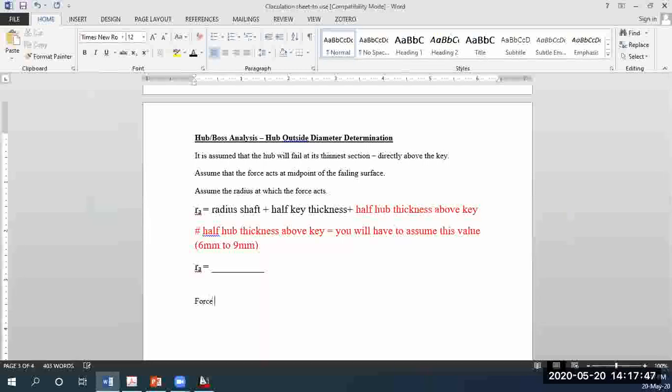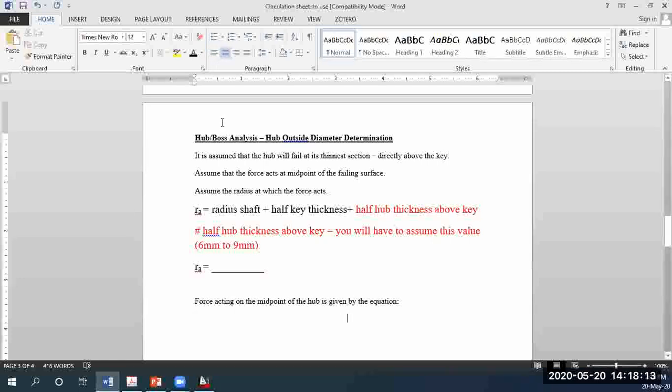So the force acting on the midpoint of the hub is given by the equation, right? Now in terms of equations, what do you know?